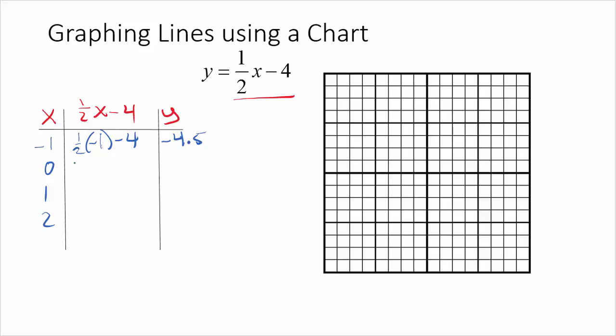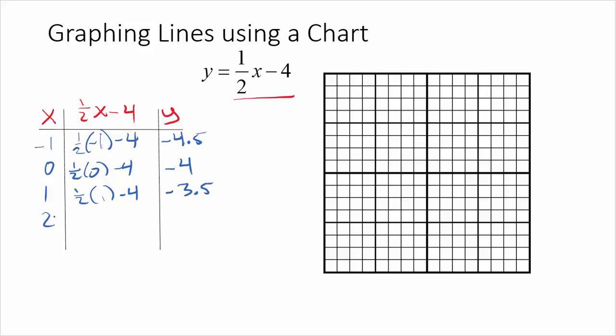If I plug in 0, so 1/2 times 0, that's just going to be 0. And if I subtract 4, 0 minus 4 is -4. Go to the next one here. Half of 1 is 1/2, or 0.5. And if I subtract 4 from 1/2, I'll get -3.5.